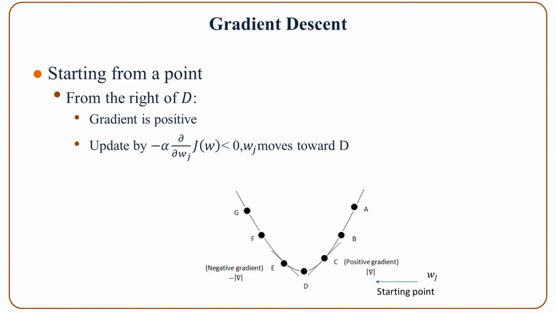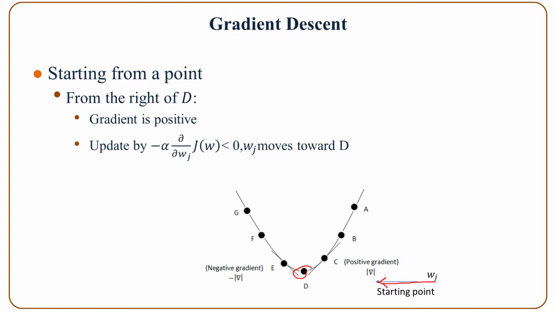So first, let's see if we start from somewhere on the right of the optimal point D. So let's say we are somewhere here. Because the gradient is positive, the update is negative.